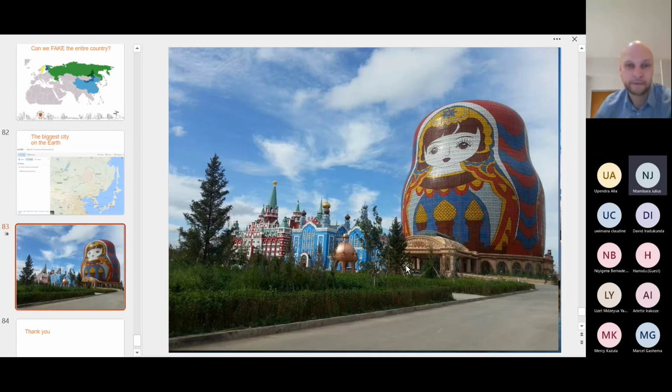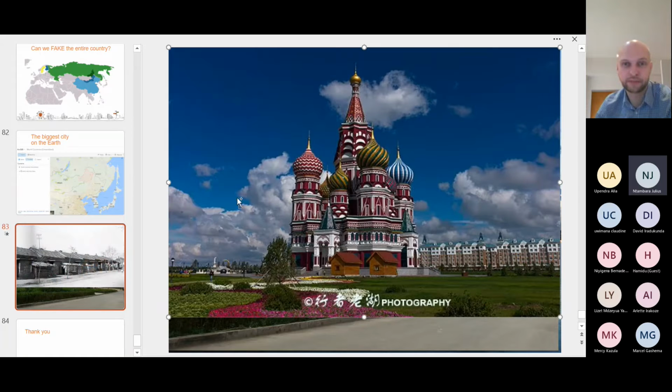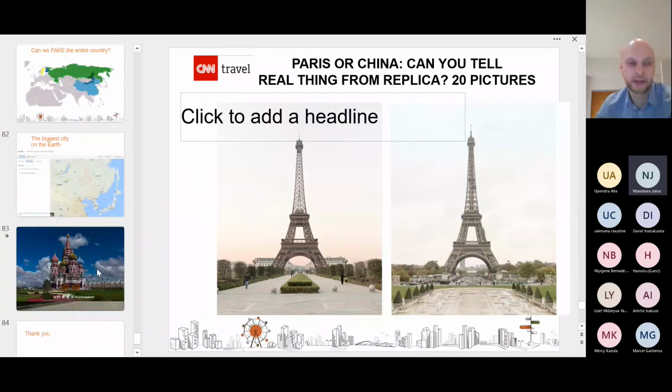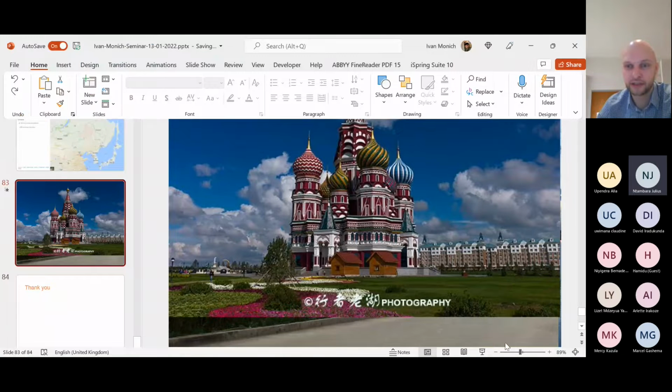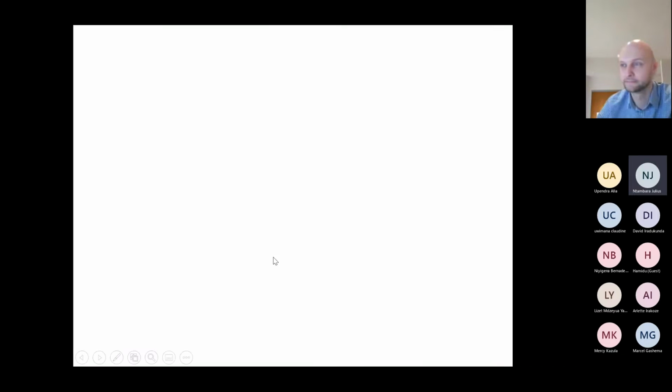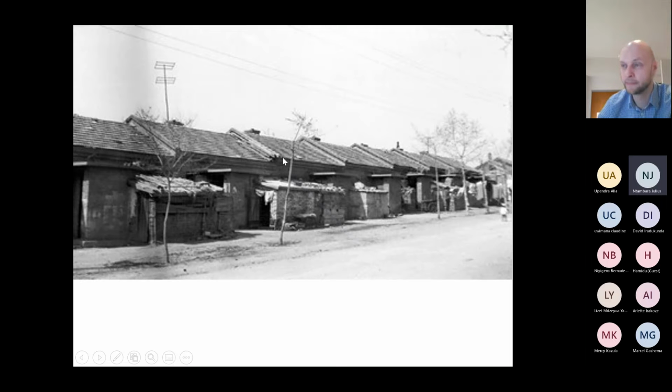Now, let me just, I think the sequence of the pictures is not correct. So let me just do it like that. Yeah, so 30 years ago, Manzhouli was a village with only one main road and wooden buildings.